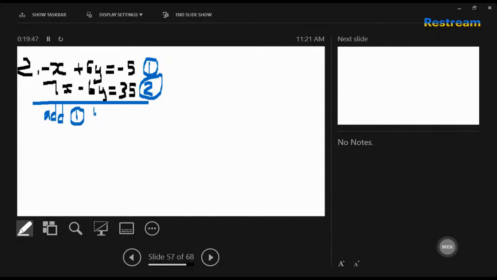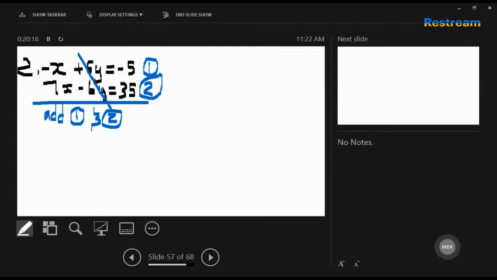If it was a -6 and another -6, we'd have to subtract them again. So negative 6 minus negative 6 is the same as negative 6 plus 6. Or 6 minus negative 6 is the same as 6 plus 6. So we have a positive 6, negative 6. When we add them, we get 0.